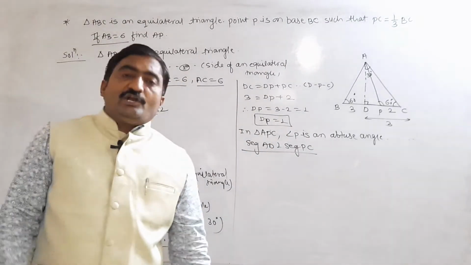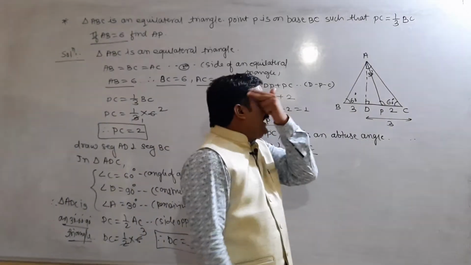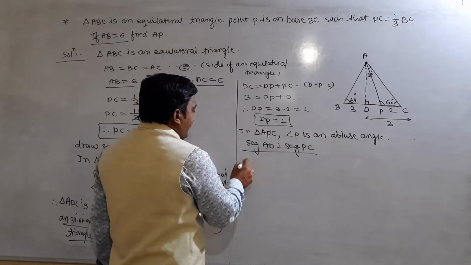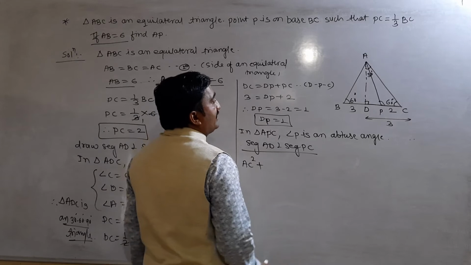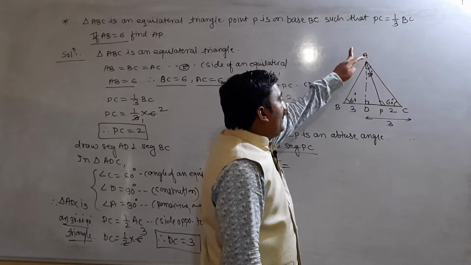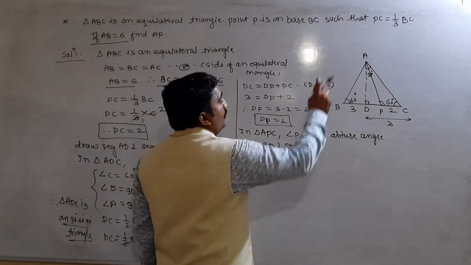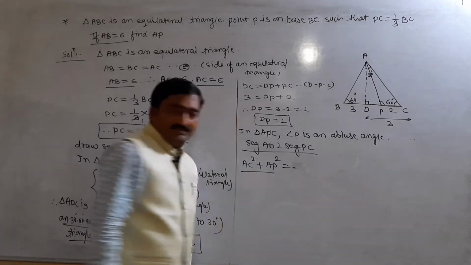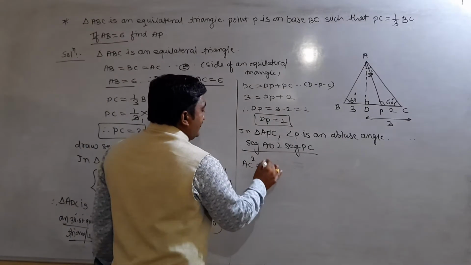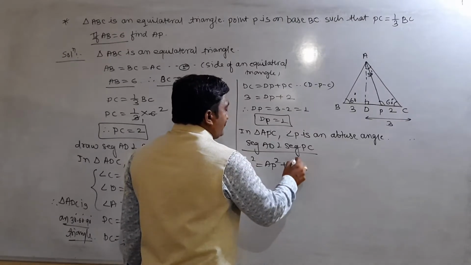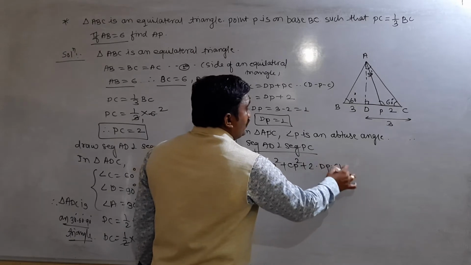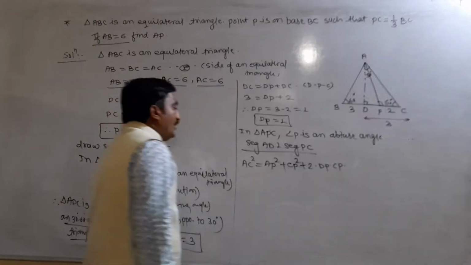Then we know that by application of Pythagoras theorem, when this angle is an obtuse angle and we can draw a perpendicular here, AC square is equal to AP square plus CP square, then plus 2 DP into CP. So substitute the values.